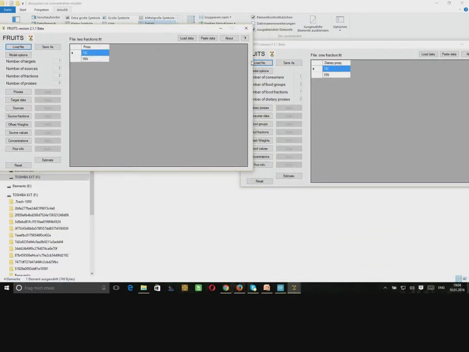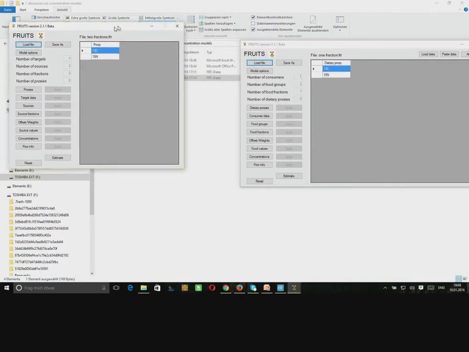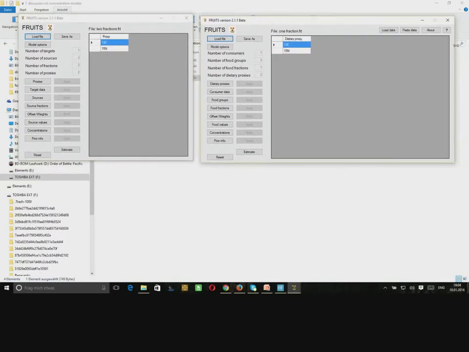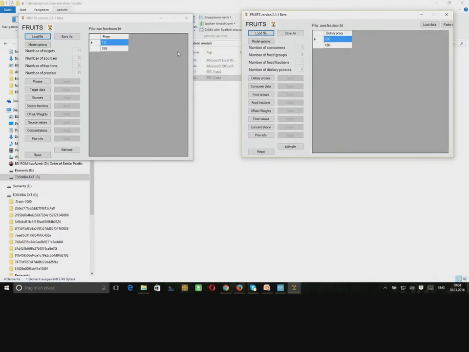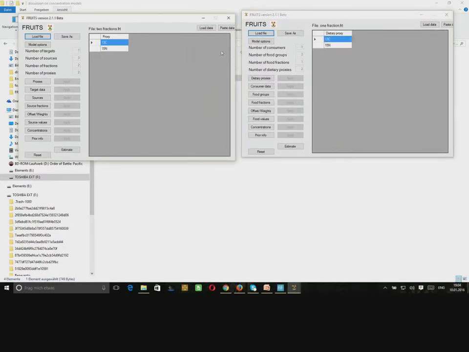Do this so that we can compare them closely. In this we have the two fractions, and I call them fraction carbon and fraction nitrogen. And in this model we have the one fraction that I call protein.